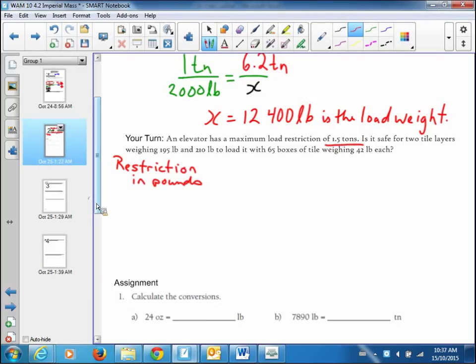So, for tons, remember that it's 1 ton for 2,000 pounds. We want to know what 1.5 tons is.